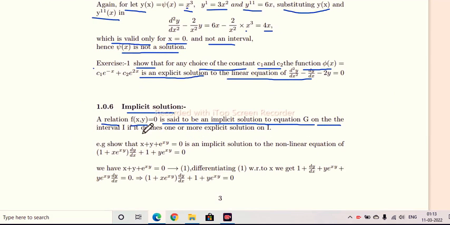If it defines one or more explicit solutions on I.